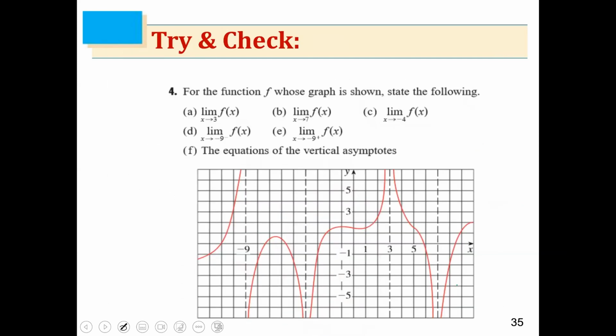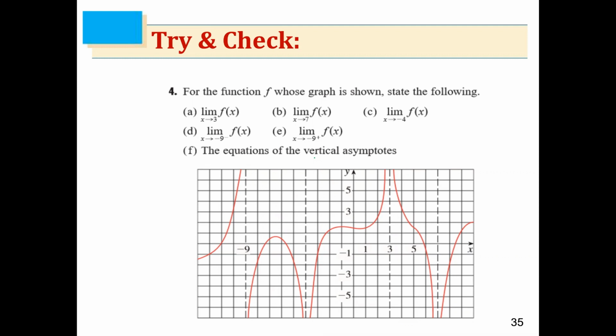Okay, so we saw this graph. Now we will do the try and check example, and we will finish with this. So look at the function in the graph below, and we want to confirm or find from the graph the following information.